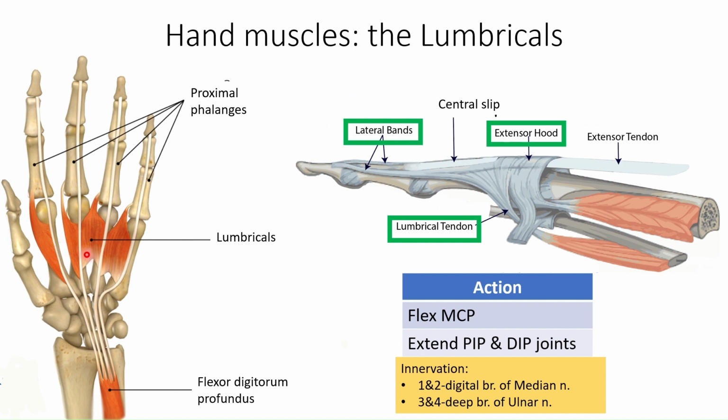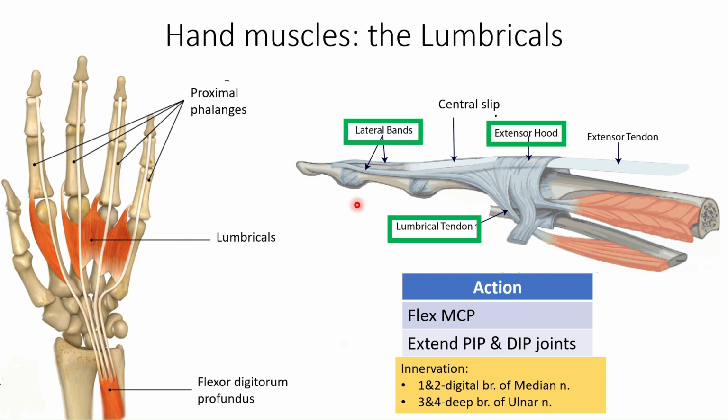The lumbrical muscles originate from the tendons of the flexor digitorum profundus that inserts into distal phalanges to flex the distal interphalangeal joints of digits 2 through 5. Due to their origin in the palm, the lumbricals do assist in flexing the metacarpophalangeal joints.